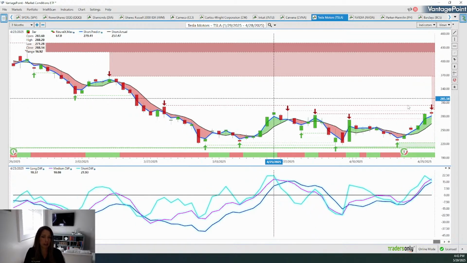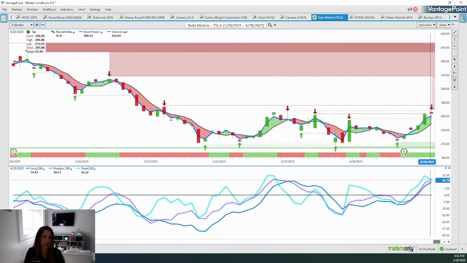We have this very heavy resistance right here, and we can see that the predictive differences, those strength indicators, are in fact showing you, especially the short term, saying, whoa, watch out here, right? We've got some heavy resistance and not a lot of strength coming into that. So you may want to be very careful, very cautious here.